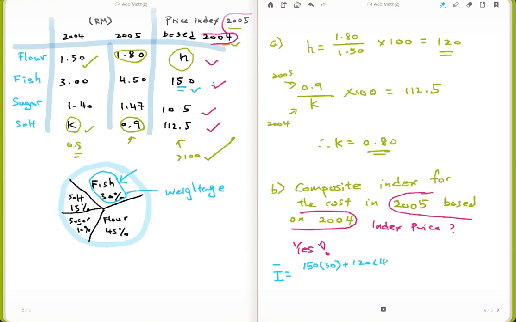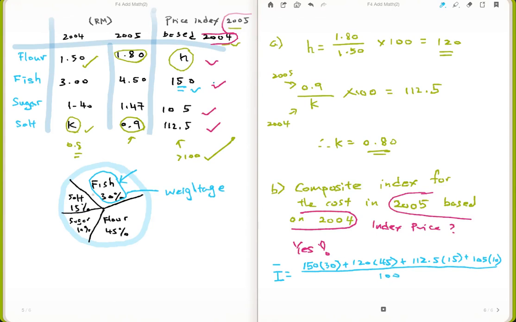120 times 45 plus 112.5 times 15 plus, I hope I have enough. Sugar is 105 times 10%. Sum them, divided by the total weightage, which is 100.